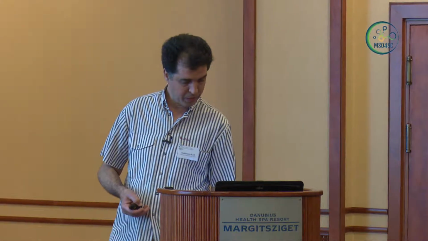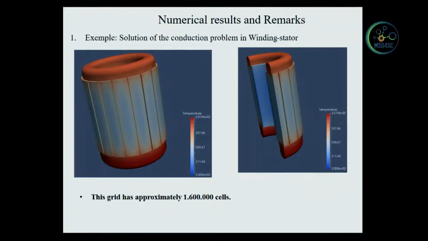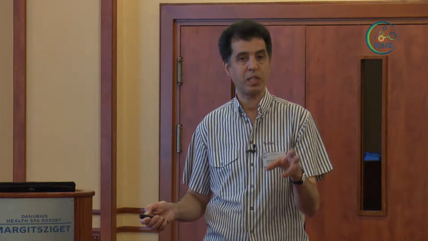Now, the first numerical result. In the first example, we only solve the conduction problem in the winding and stator, because when I use the old model, which has more than 10 million cells, I have a problem with MPI.